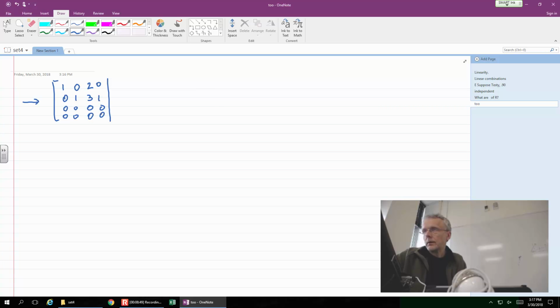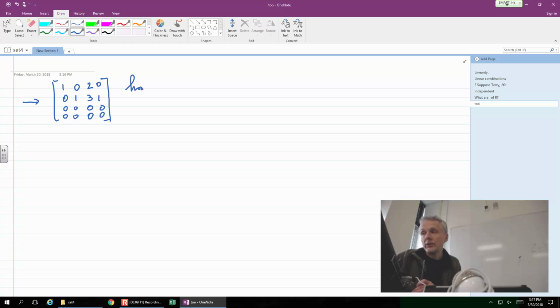This is homogeneous. If my augmented matrix has no last column, the vertical line, and there is nothing there, it means that there are zeros.